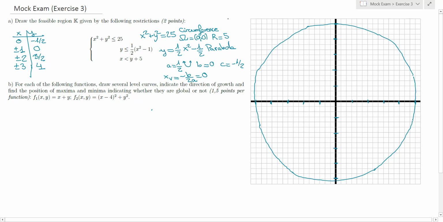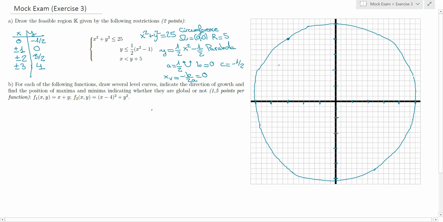Actually, having drawn the circumference, we can see that some points on the circumference are, for instance, when x is 3 and y is 4 and vice versa, with plus and minus signs. So we can see directly without solving the system that minus 1/2 is here.